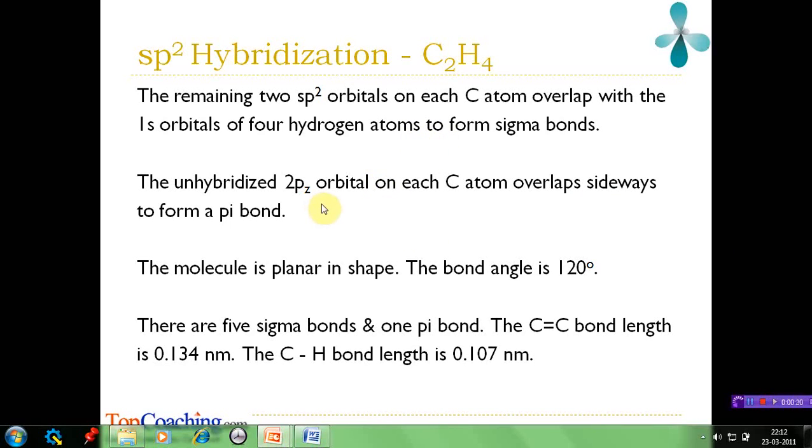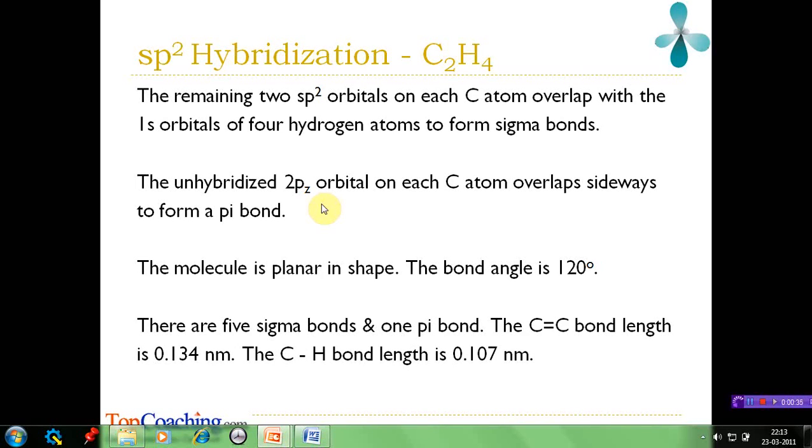Now the unhybridized 2pz orbital on each carbon atom will overlap sideways to form a pi bond. Thus, double bond is formed between the carbon atoms. One of these is sigma bond and the other is a pi bond.